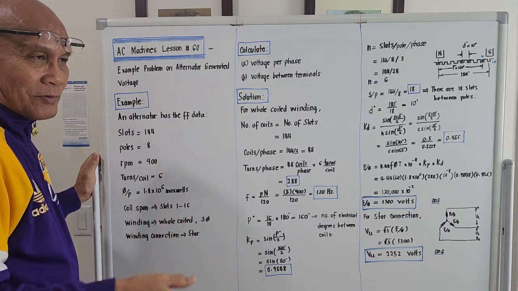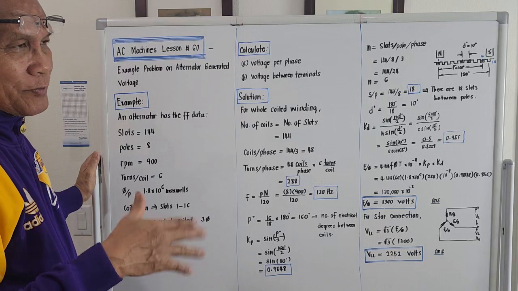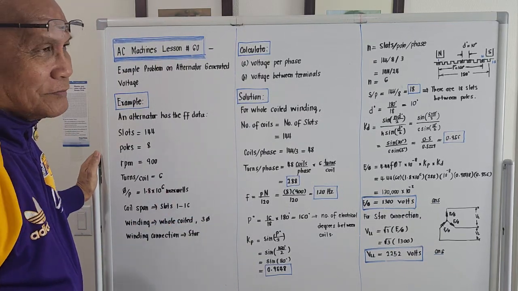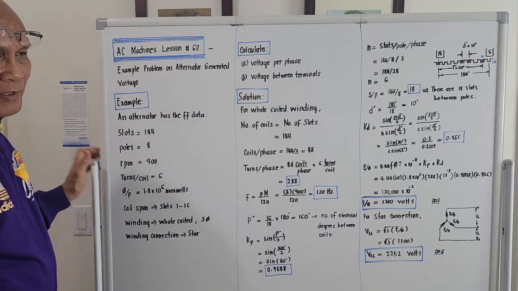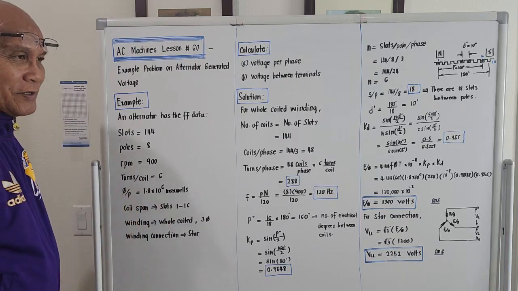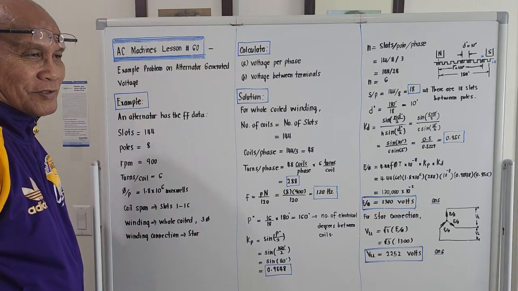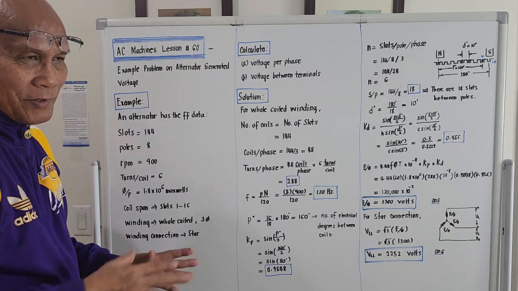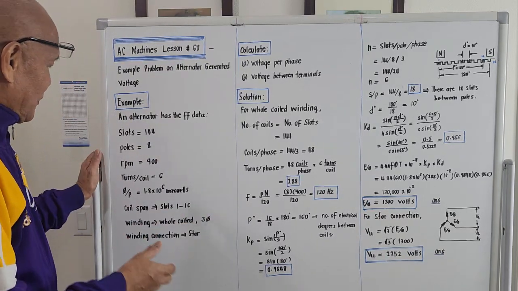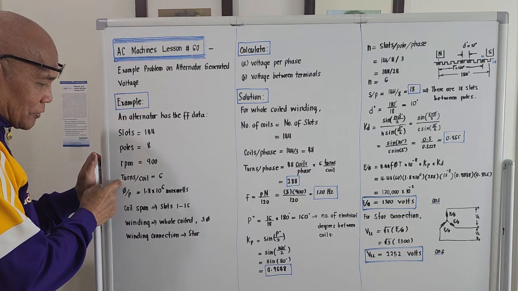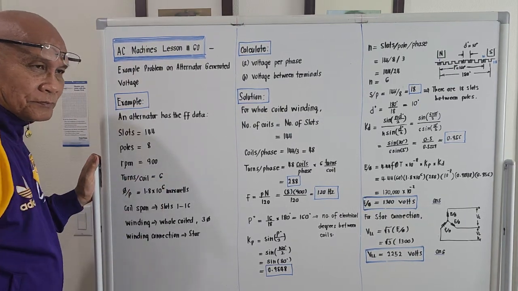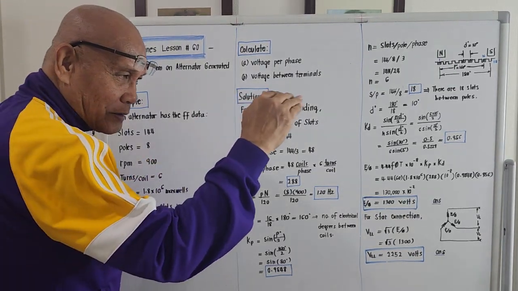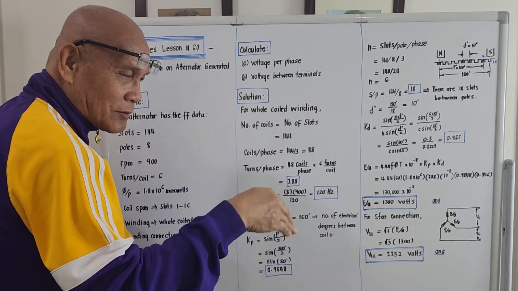Because on the machine foundation, of course, if it's a big machine, there should be some vibration. And engineers should design a machine foundation in which it will not break up during the operation of the alternator.